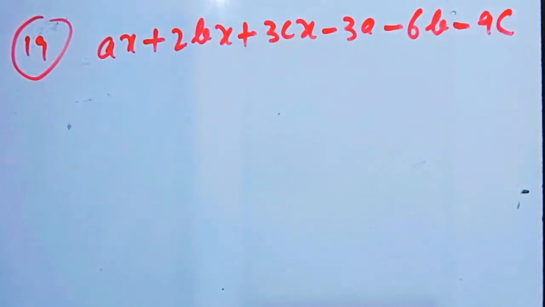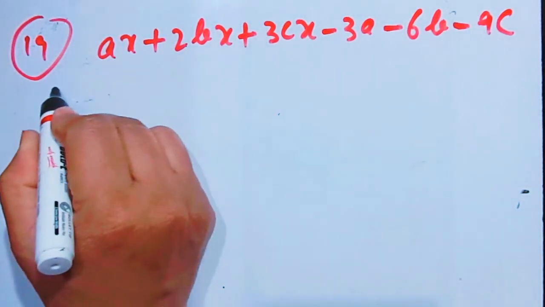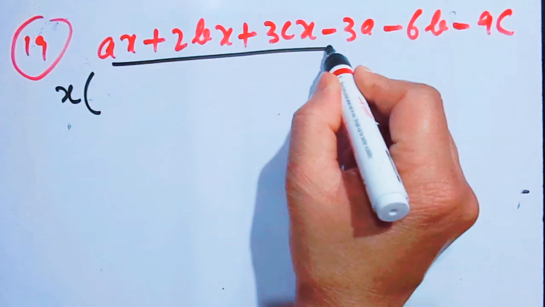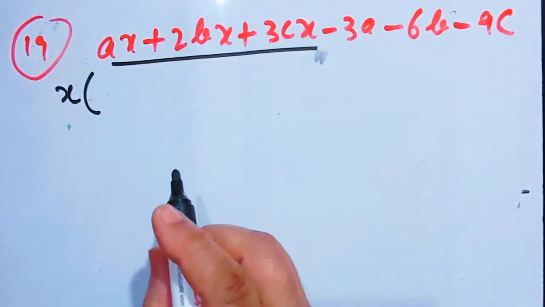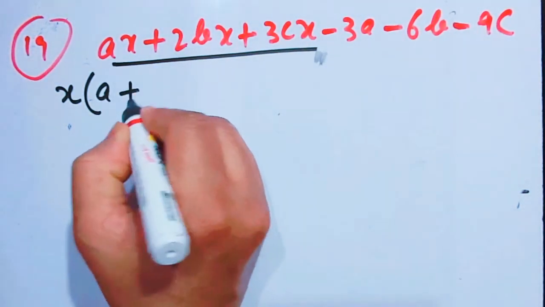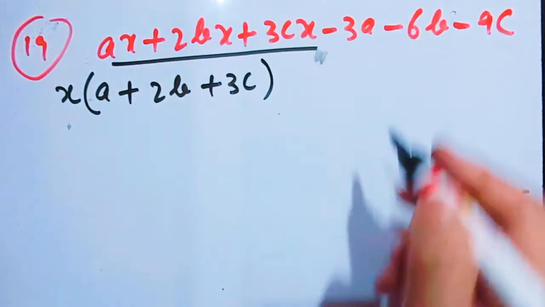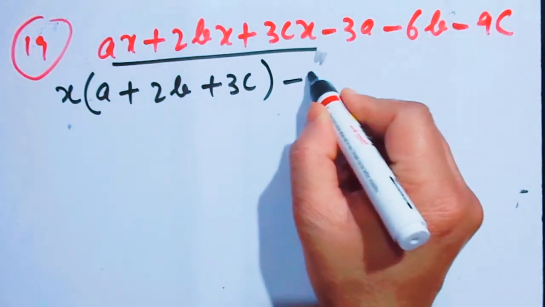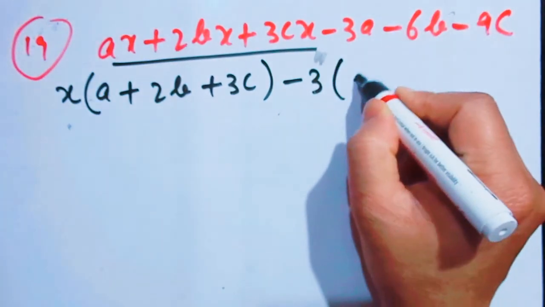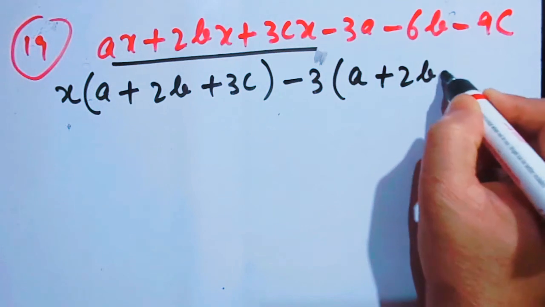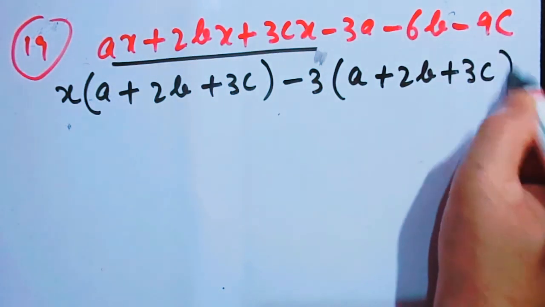Not only that, if I take x common in these three terms, I am going to get A plus 2B plus 3C. And if I take minus 3 common over here, I will also get A plus 2B plus 3C.